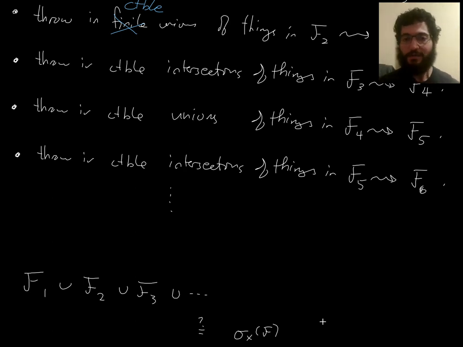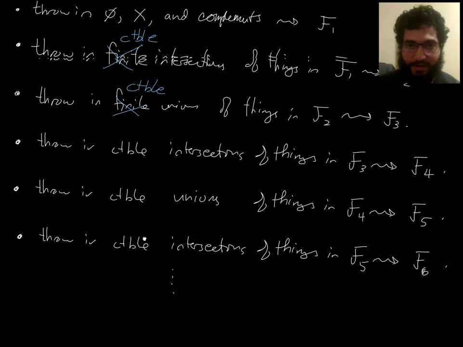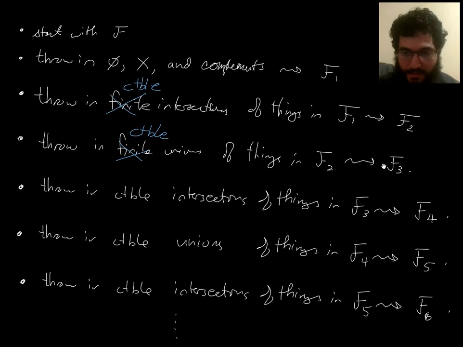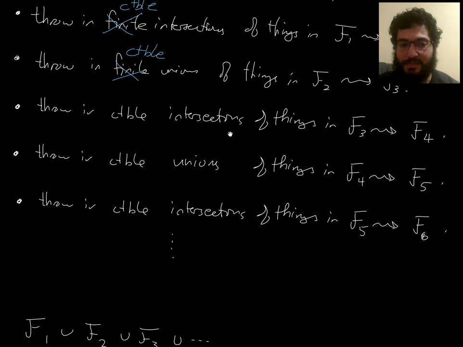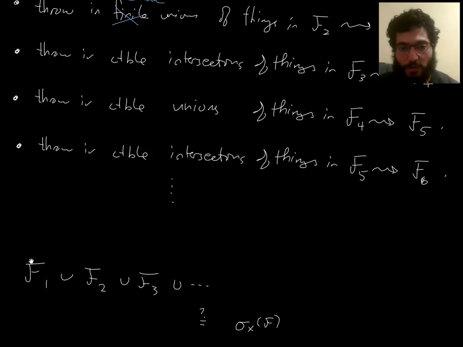Of course, I say might not. It might work still. So it's not like we proved that if you carry out up to this step and get F3, it's not a sigma algebra. We just failed to prove that it is a sigma algebra. We failed to prove that it is closed under countable intersection. But it might still work out for specific sets F. The problem is there exist counterexamples where even if you build up forever and then union all of the forever, it still doesn't work.